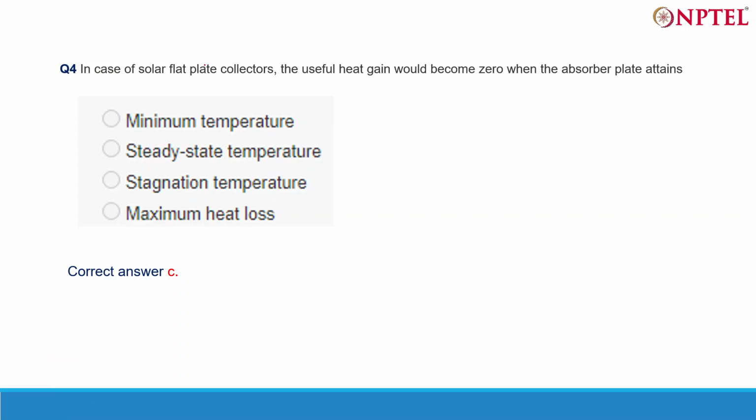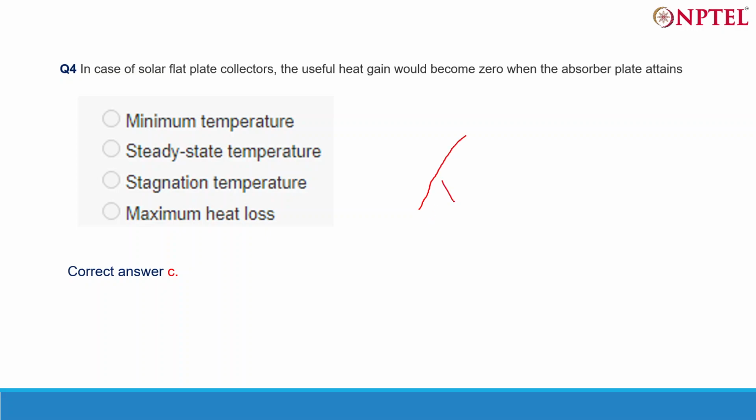In case of solar flat plate collectors, the useful heat gain would become zero when the absorber plate attains. So the temperature will increase.